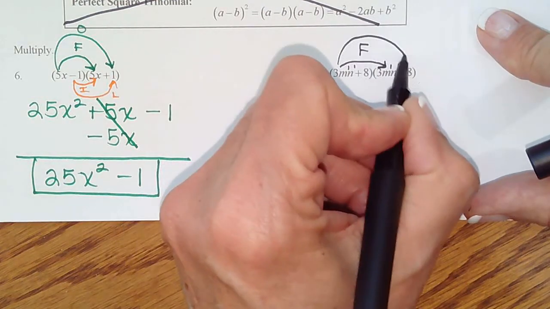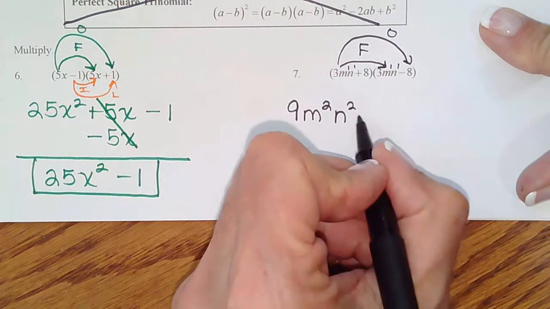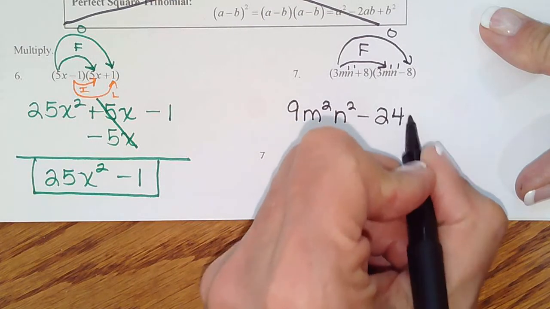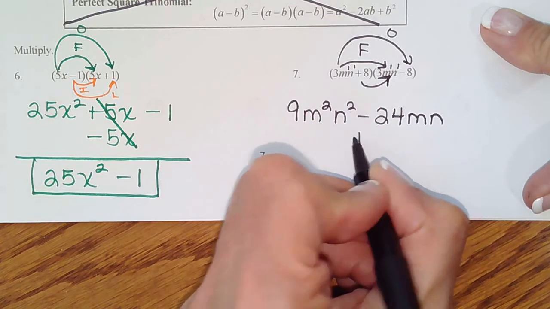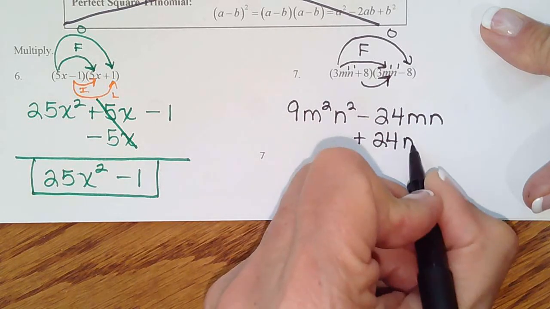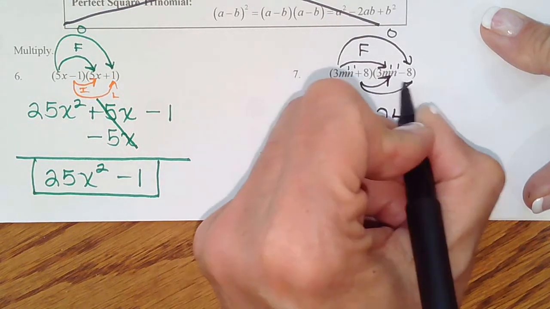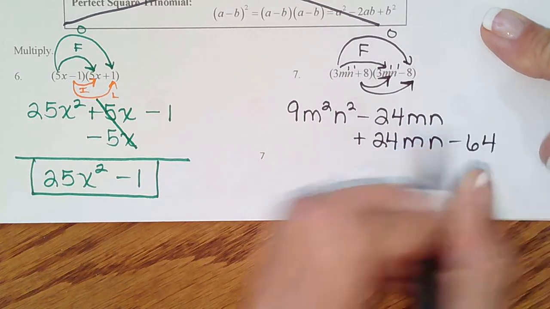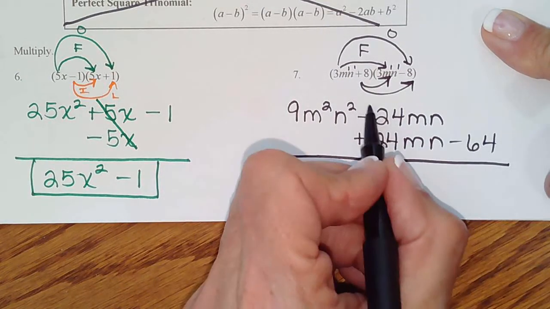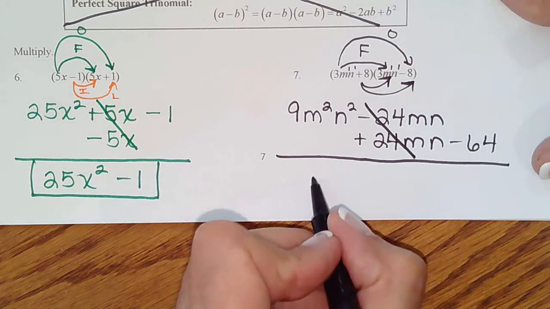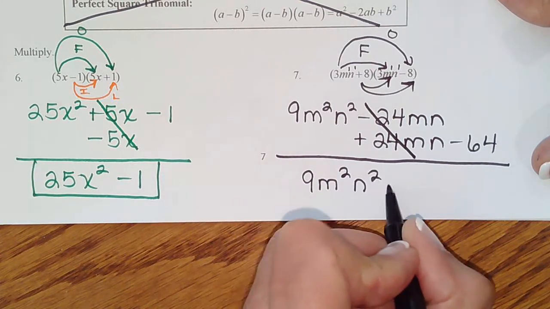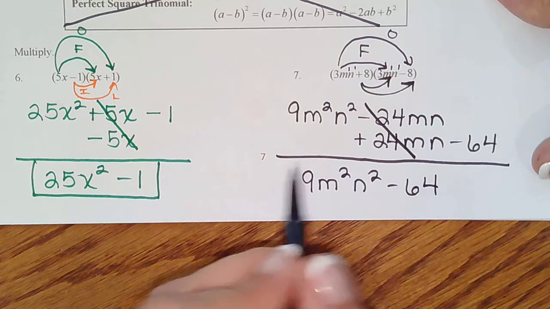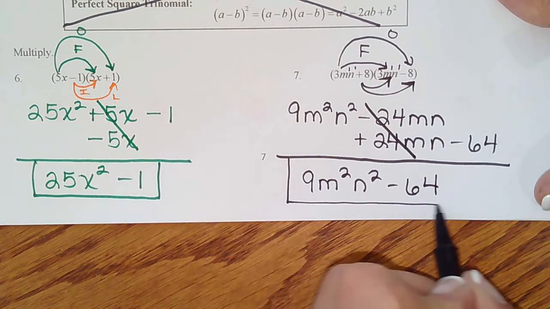From O, I get negative 24mn. From I, I get positive 24mn. And from L, I get negative 64. So once again, those are gone. 24 minus 24 is 0, and I get 9m squared n squared minus 64.